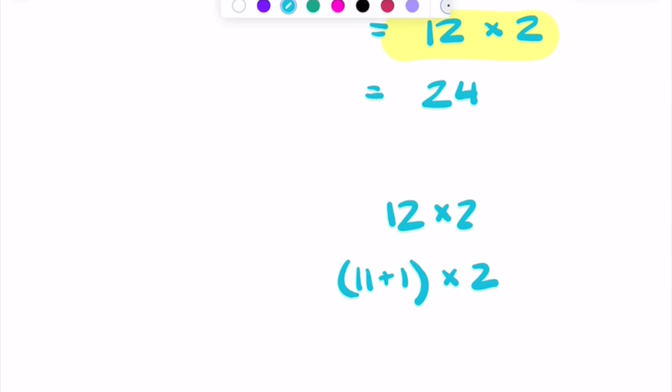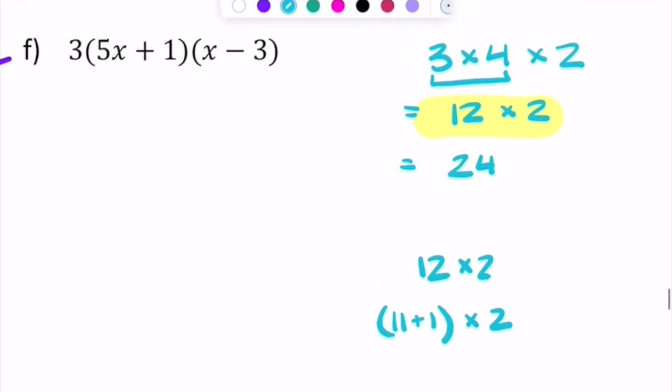Now, when we do things like multiplication with polynomials, it's not always possible to simplify what's in our brackets here. So the 5x and the 1, we don't know how to simplify because those aren't like terms. Same thing, x and the minus 3, we don't know how to simplify because they're not like terms. So when we're doing this multiplication with our polynomials, when we multiply these numbers, we get a picture of these numbers having brackets around them to start instead.